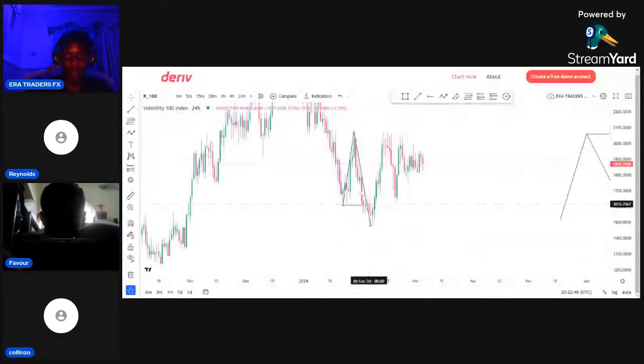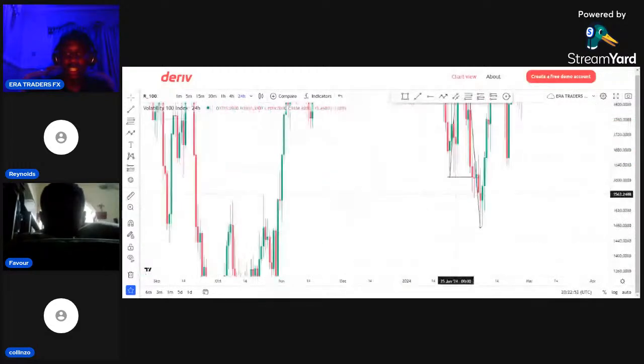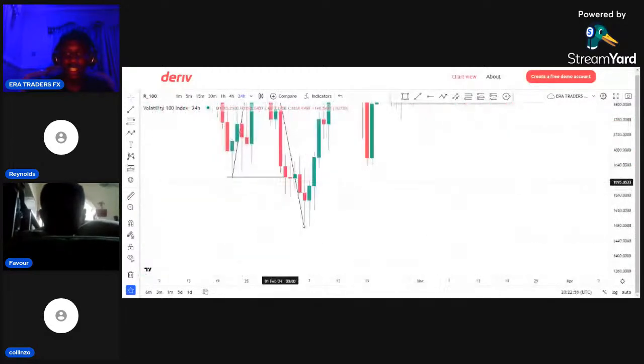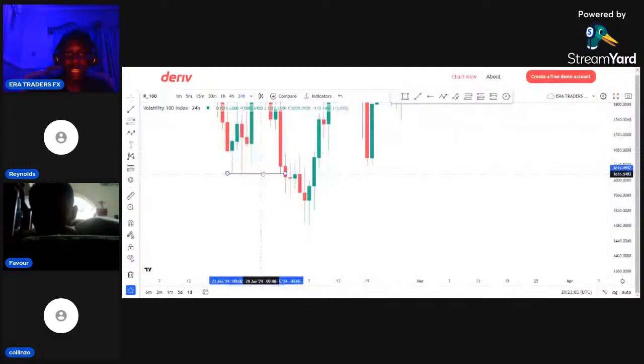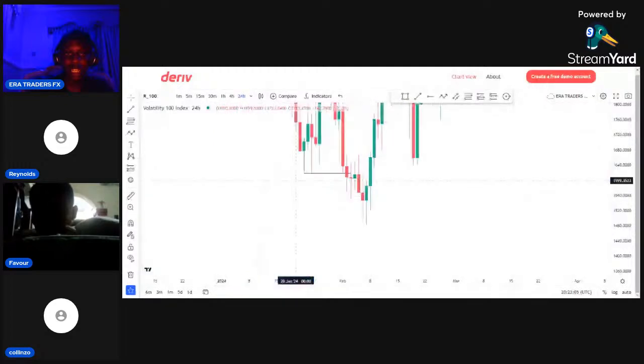The first candle did not close below the low, so we can't say it. Let me delete that line to see the exact point. Okay, that's the low. So you see, this was when we had that break of structure, when this candle closed below the low.